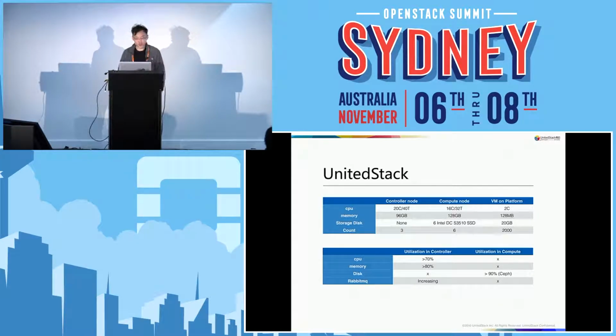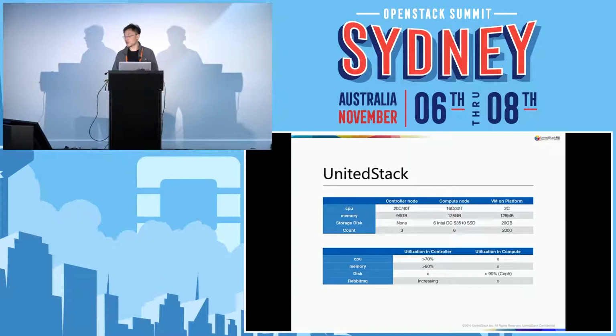First of all, let us see our test environment. In our OpenStack test environment, there are three control nodes with the hardware shown in the table, and the compute nodes also, with 6 storage disks.